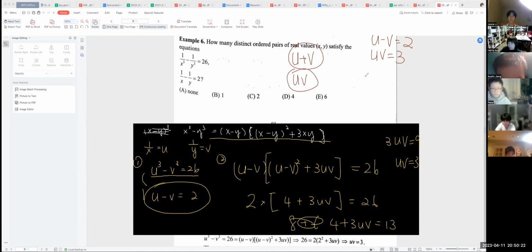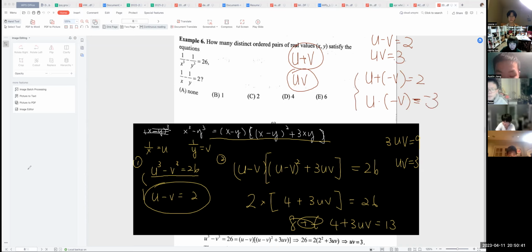We just use it, right? The technique is we just make u plus negative v equals 2. And u times negative v equals what? U times positive v equals 3, and u times negative v equals negative 3. Okay, so now we have another equation.